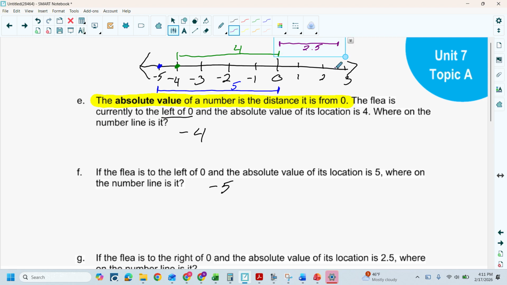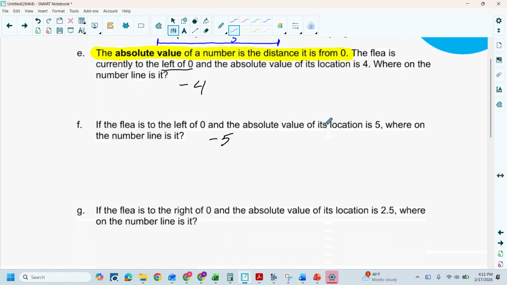Well, then the point has to be halfway between 2 and 3, and so 2.5. And so, since it's to the right, it's at positive 2.5.